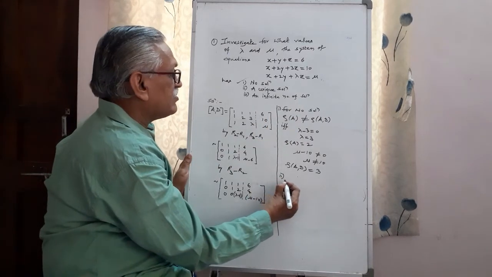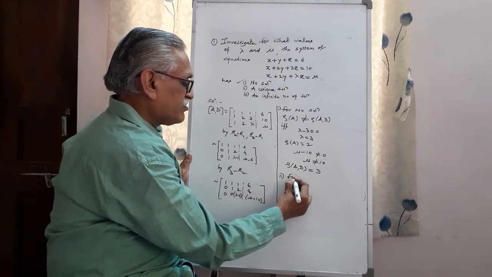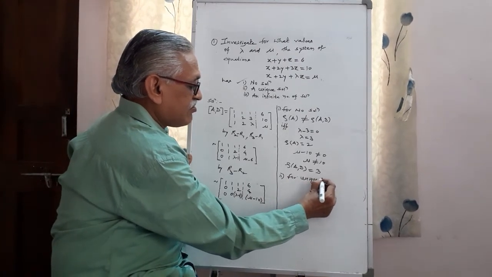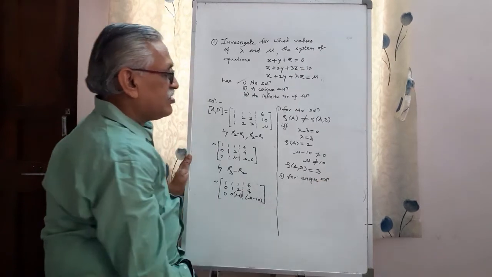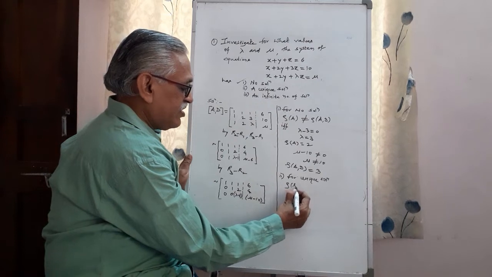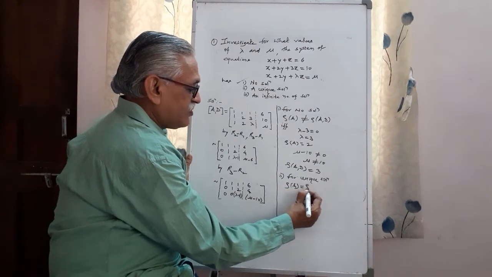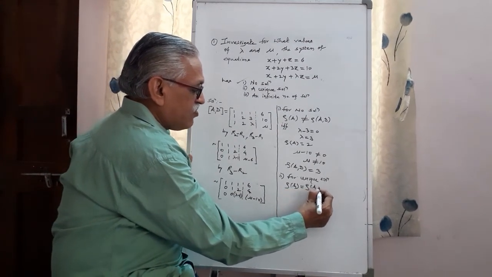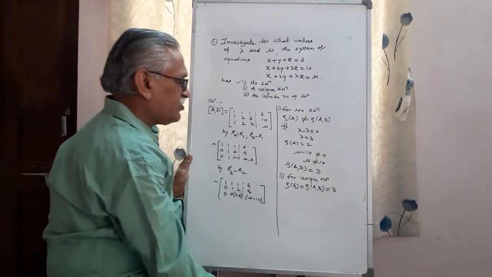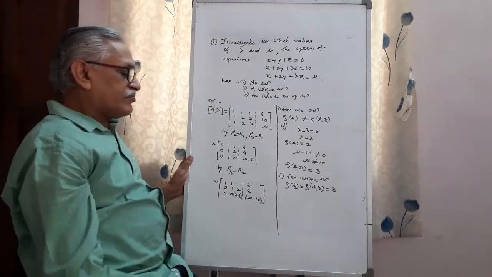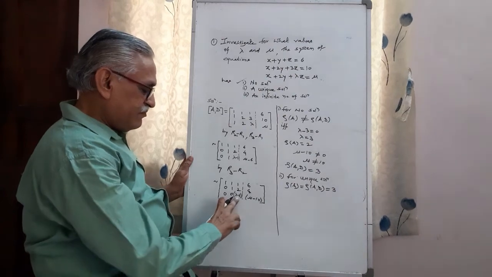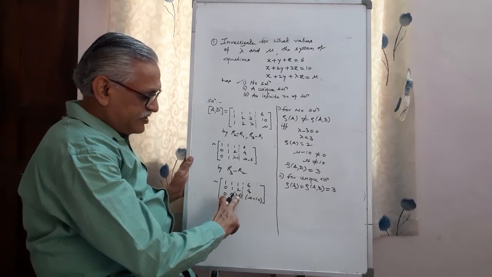Second, for a unique solution, the required condition is rank of A equal to rank of augmented matrix, and that is equal to the number of unknowns. Unknowns here are 3, and we get rank 3 if this element is not equal to 0.